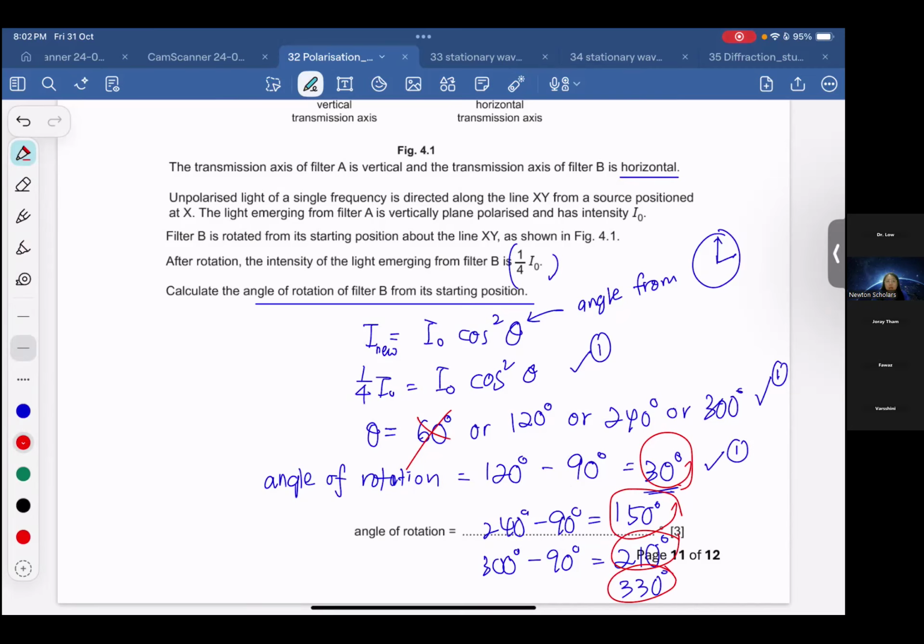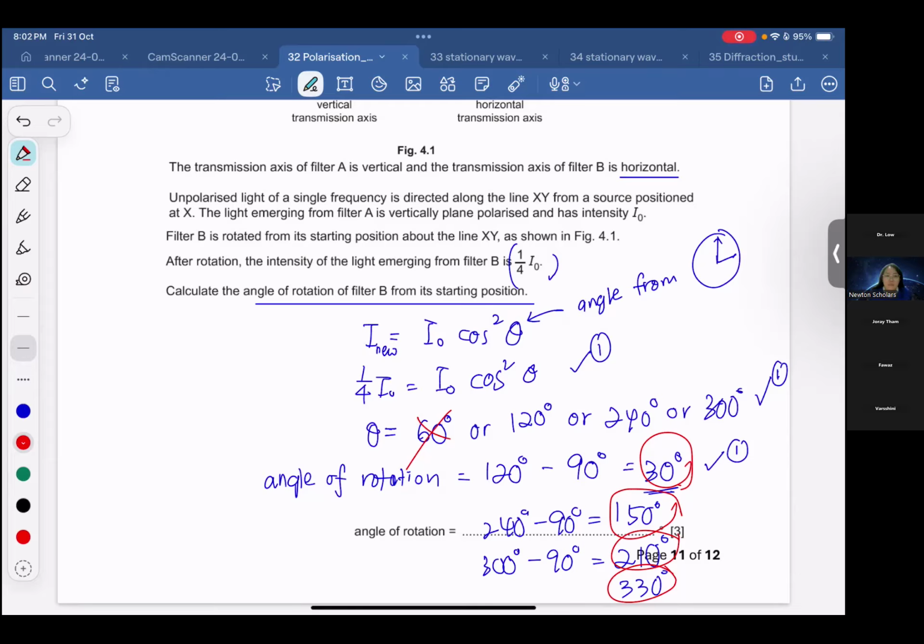Now, they want you to know the extra angle of rotation from 90 degrees. Is it 30 degrees, 150? Yes, correct. 30, 150, 210, or 330, all are correct answers. If you get any one answer, you already score the full marks.